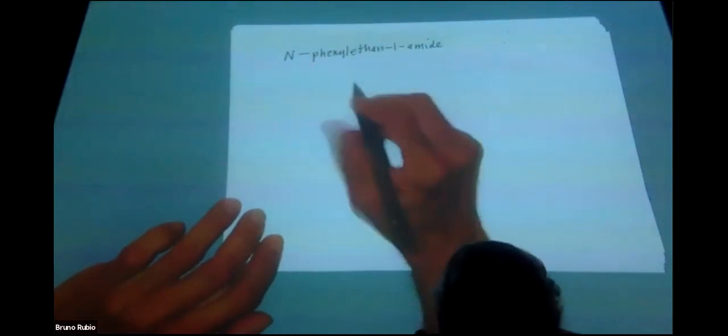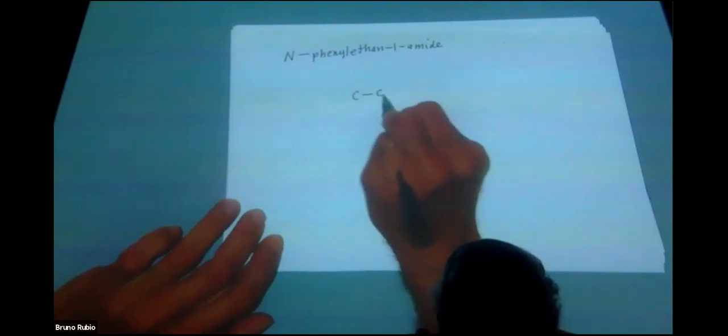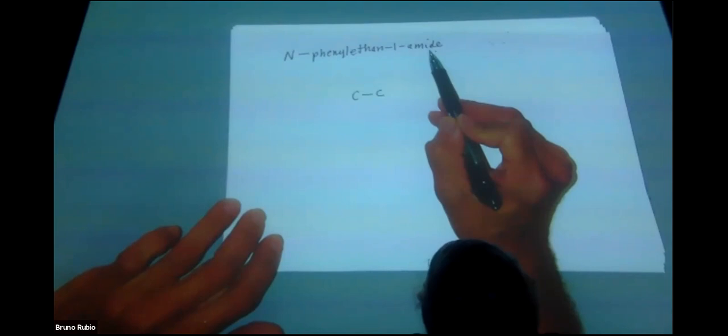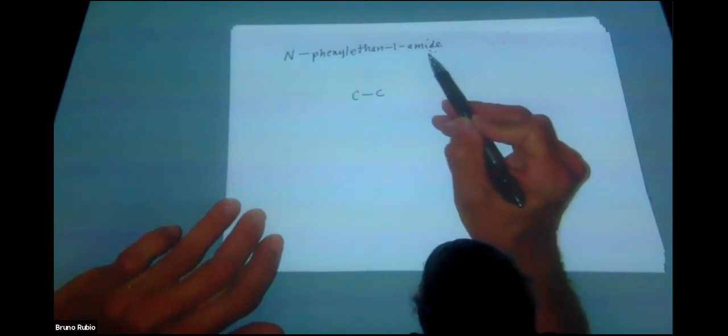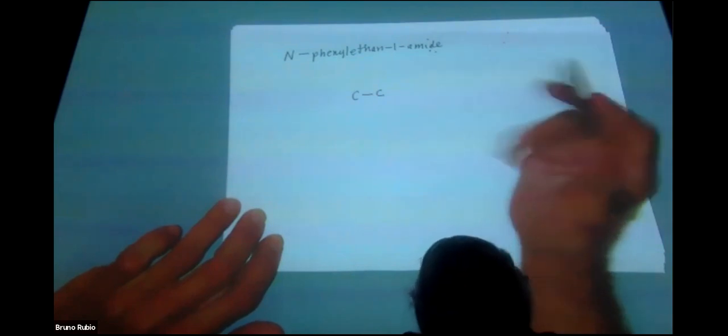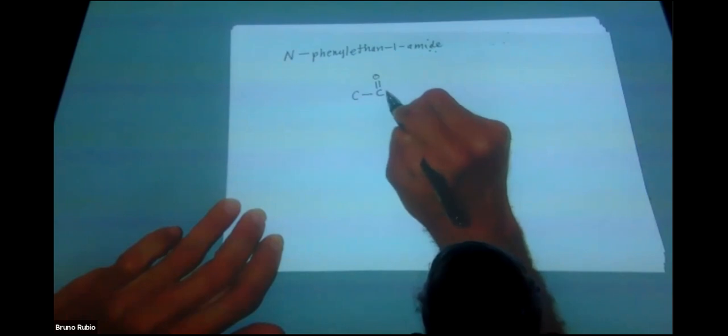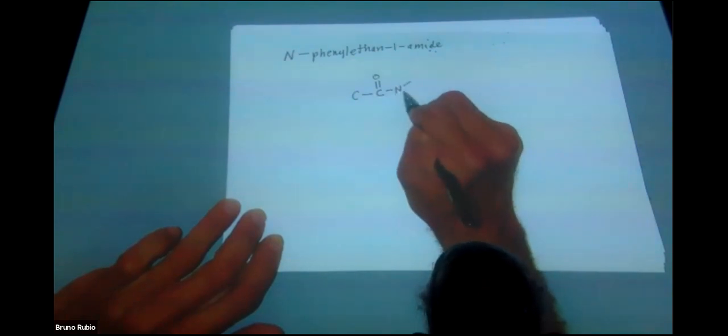Eth, 2 carbons. I'm going to write like a mixed notation thing here. Okay, 1 amide. Amide is a carbon-containing functional group. This is telling you carbon 1 is the amide carbon. Don't add an extra carbon, right?